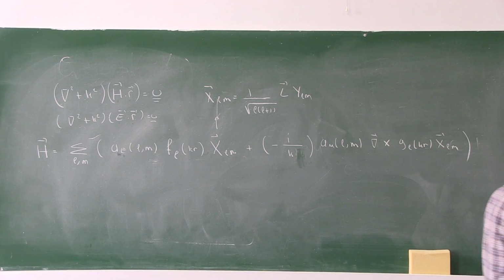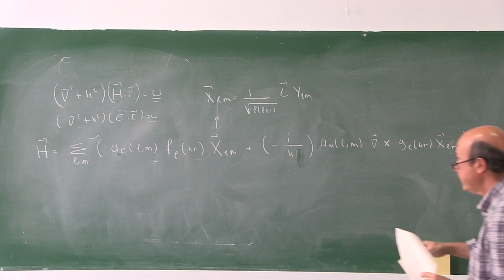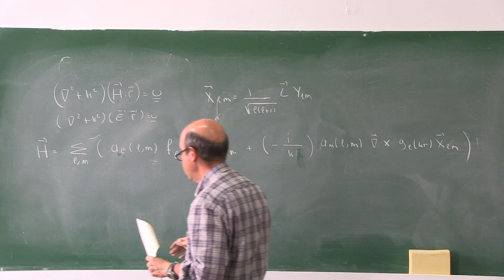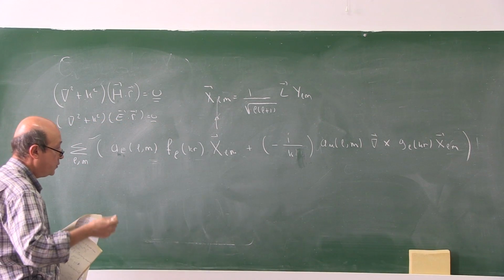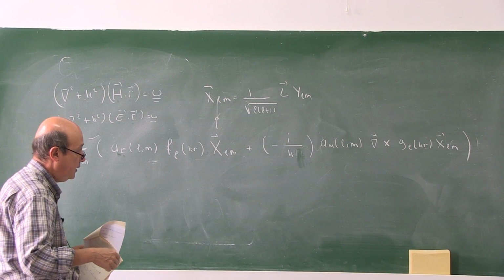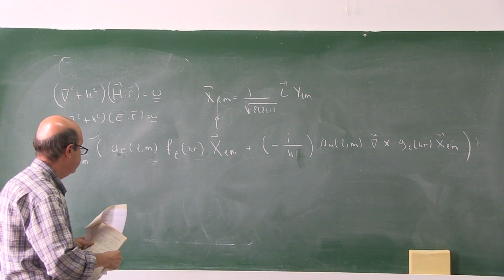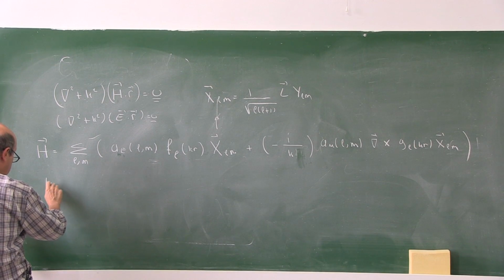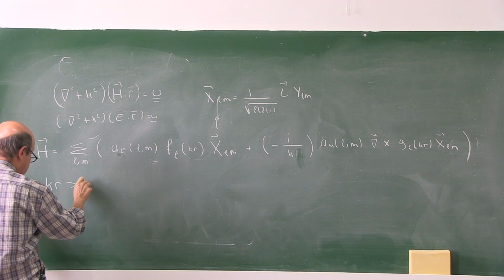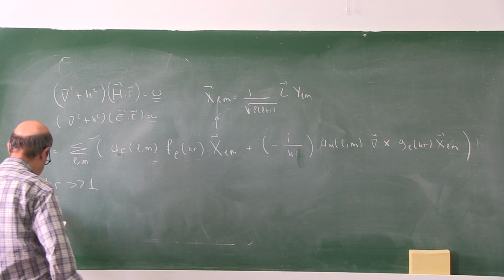So today, first, I will investigate the form of the radiation power emitted per solid angle at the far field zone. In the far field zone, kr is much greater than 1.